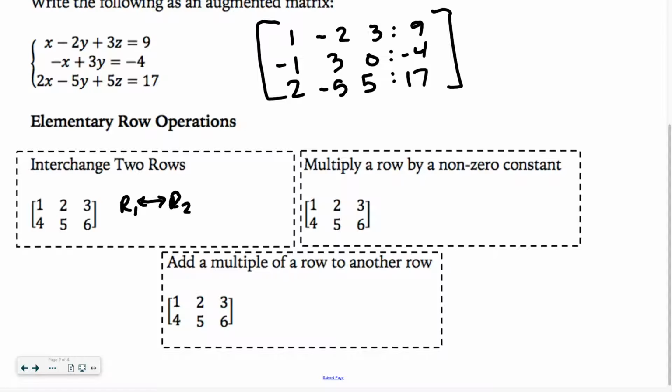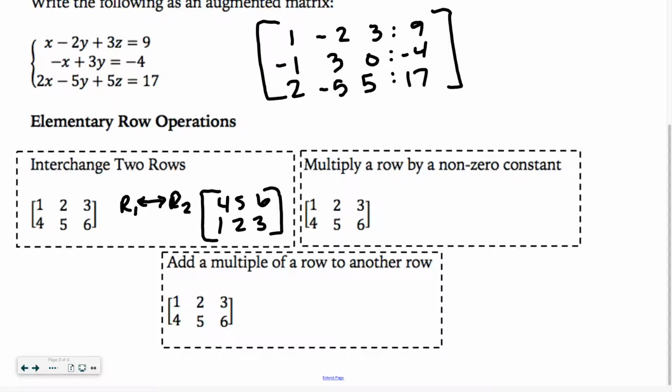It has the double arrow. And then you put the matrix right next to it and you swap the rows. 4, 5, 6, 1, 2, 3. Okay. So on quizzes and tests, I'm going to be looking to see that you tell me what you did. So you have to show me that you interchanged the two rows. Row 1, double arrow, row 2.